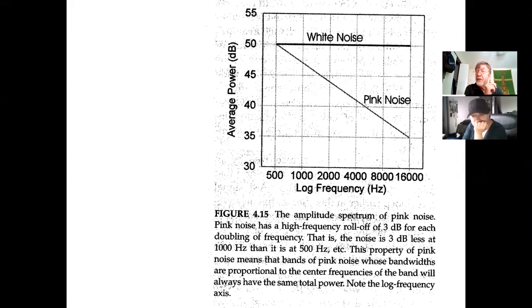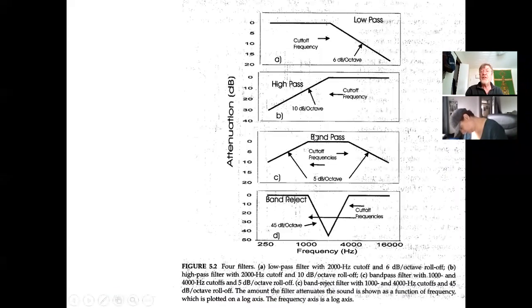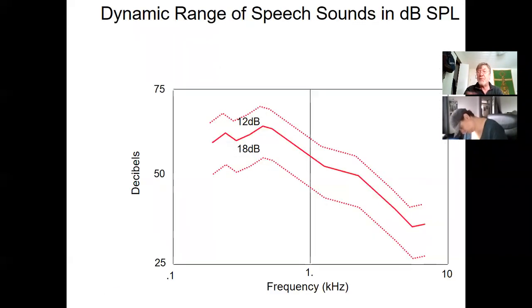Pink noise is more like speech. Look at pink. It's got lots of energy in the lows, but as you go higher up in frequency, the amplitude decreases. And that's just like speech. You want to see the spectrum of speech? Here's the spectrum of speech. And look at how it has more energy in the lows than it does in the highs.